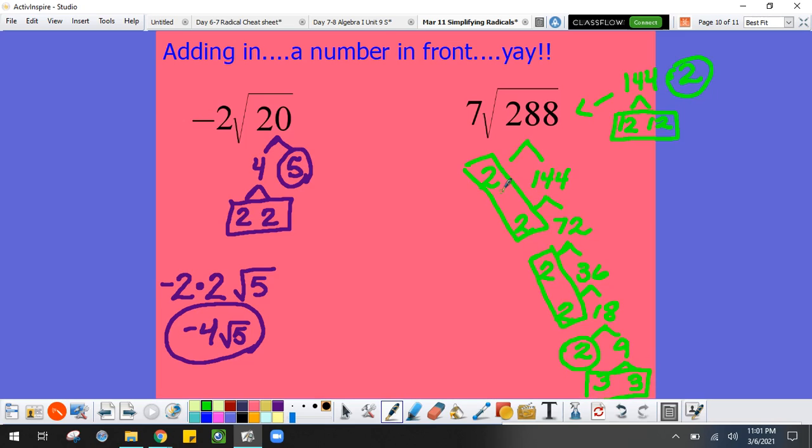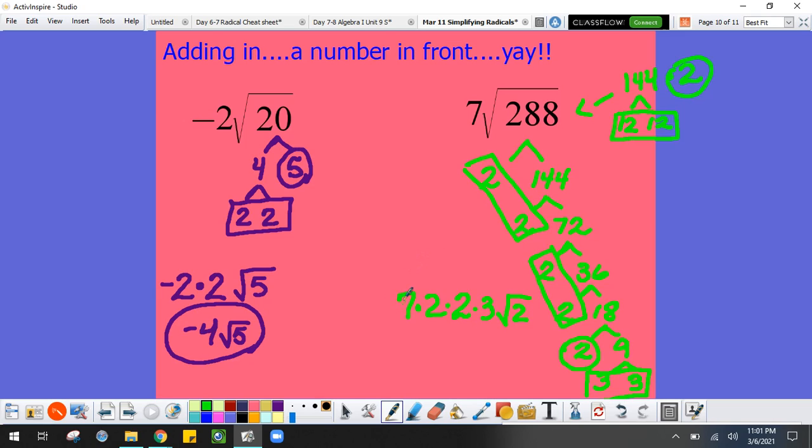So I get to take out a 2, another 2, and a 3. There's already a 7 in front. So 7 times a 2 for that pair, another 2 for that pair, a 3 for that pair. But this one didn't have a partner, so it's still underneath the radical.